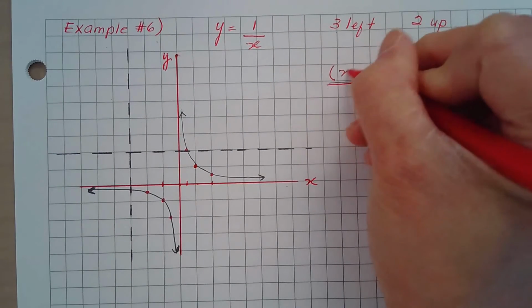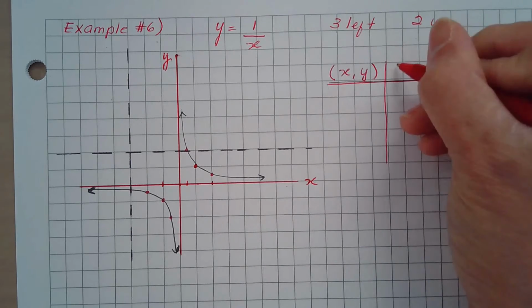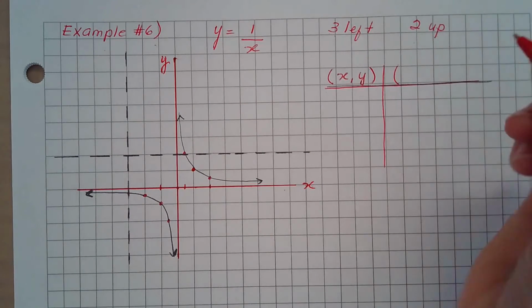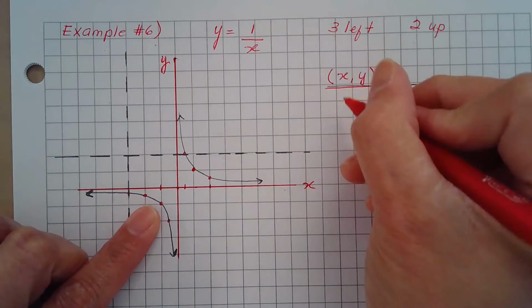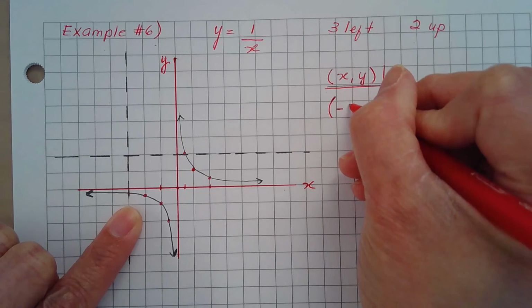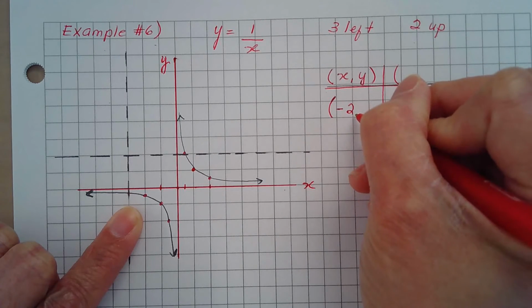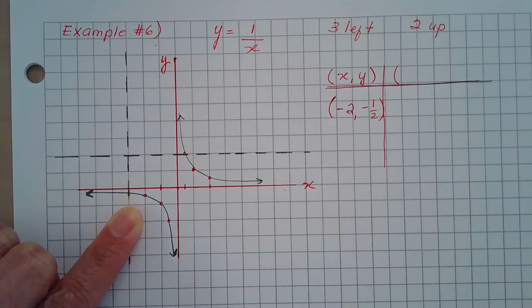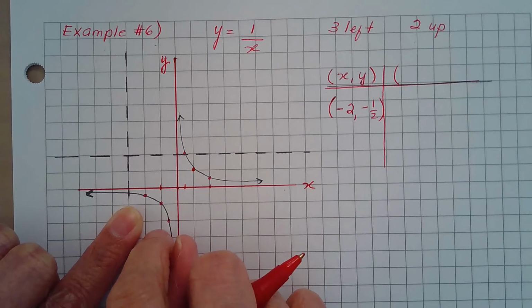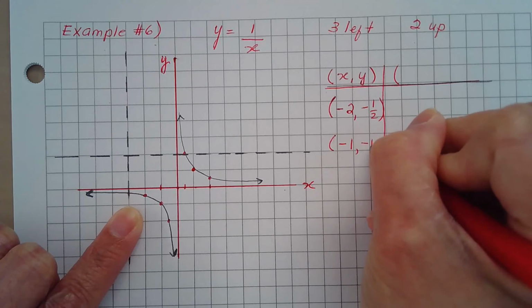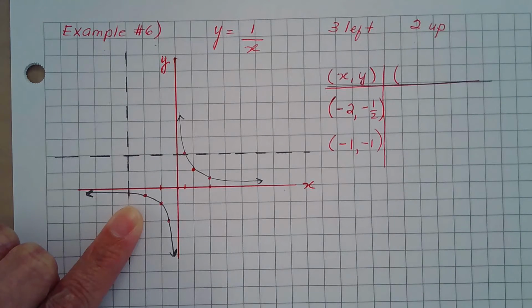Okay, so we're going to put an x, y, and an image point. So what are the points? It's going to be negative 2, negative a half. That's 1 point on our original graph. Negative 1, negative 1. Is that okay?